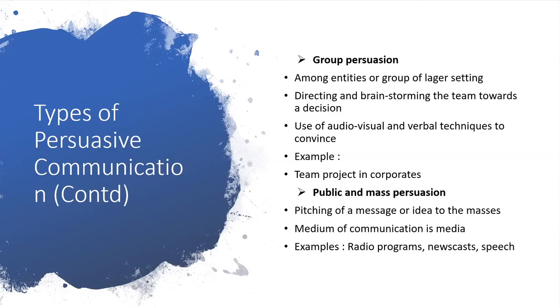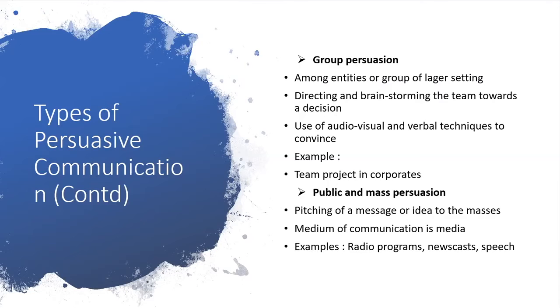It involves one or more people trying to convince a group of something, in order to make that group work towards a set target. It's like team projects in corporate offices, where the team lead persuades the group to do a project or meet a deadline.